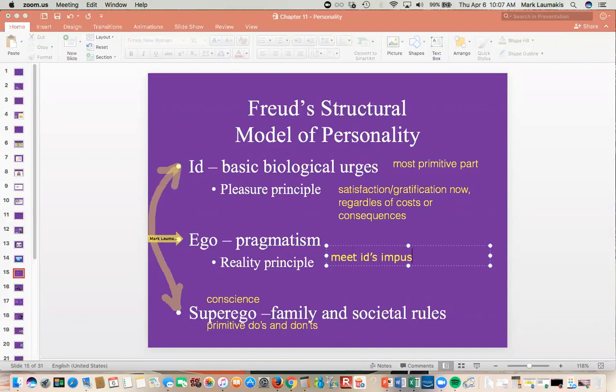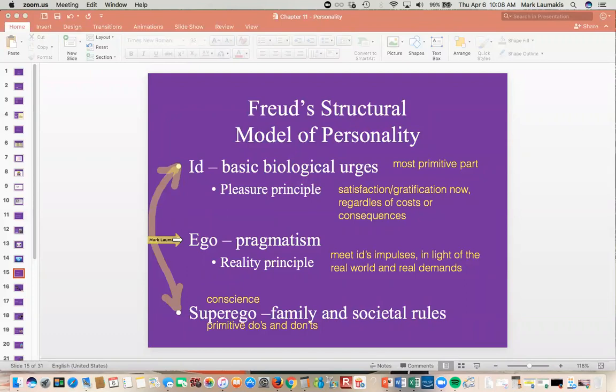Real expectations, real sort of rules that are out there. So how can I sort of work a deal here, right? The ego's job is to find a compromise, right? Is to be the arbitrator, if you will, between the id and the superego, okay?